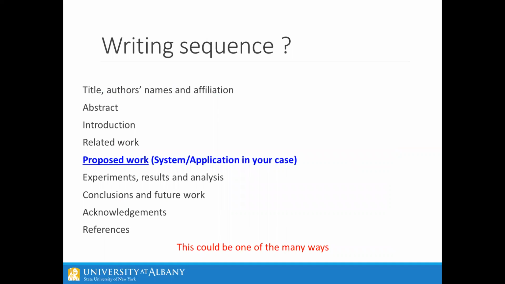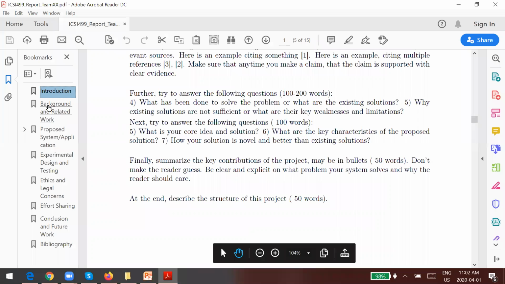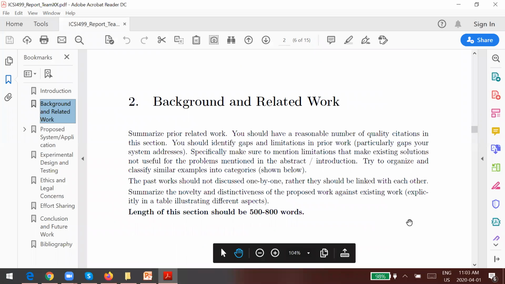All right, then next we move to the proposed work chapter. Before that, let me also go to our background and related work, what I ask you to do. So in your capstone project report, you need to summarize your prior related work.